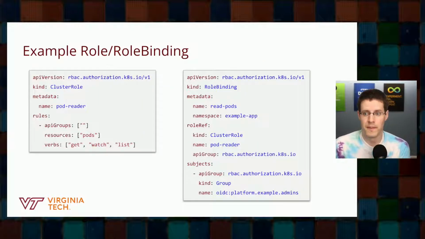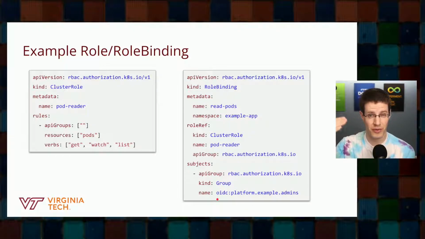So here's an example. I've got a cluster role, defined at the cluster level, and this is going to grant get, watch, and list to pods, very similar to what we were just looking at earlier. Now I'm going to use a role binding to grant this cluster role, this permission set, to any user that's in this group, IDC platform example admins.